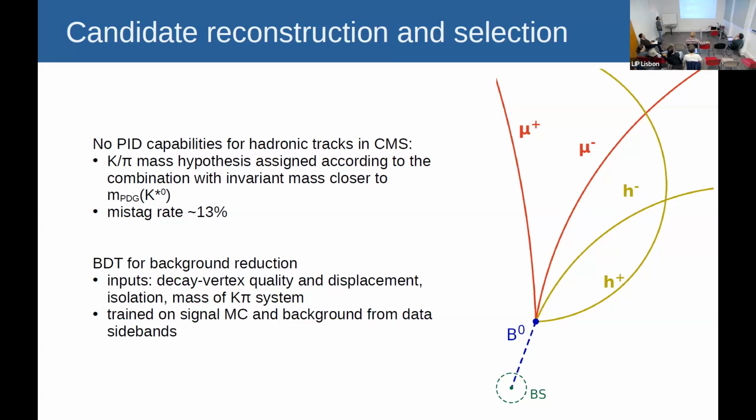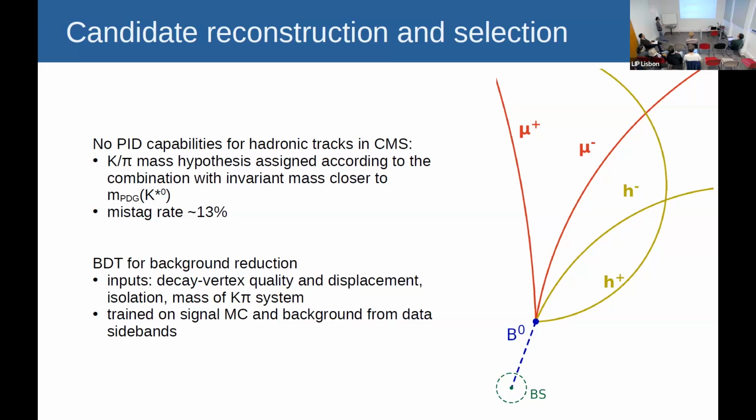One limitation that we have, which impacts B-physics quite a bit in particular, is that CMS doesn't have particle ID capabilities for the hadronic tracks. So what we can see is two muons, a positive track and a negative track. We cannot say which is the kaon and which is the pion. So we need to guess, and the best guess we can make is by combining the two possible invariant masses of the two hadronic tracks and choosing the one that is closer to the PDG mass of the K star.